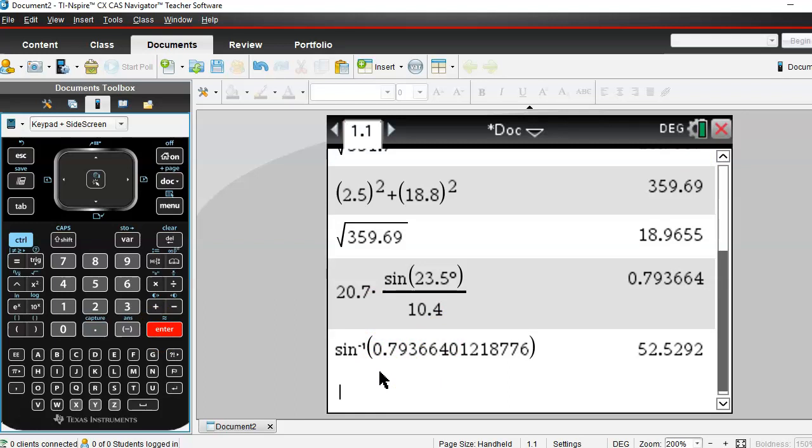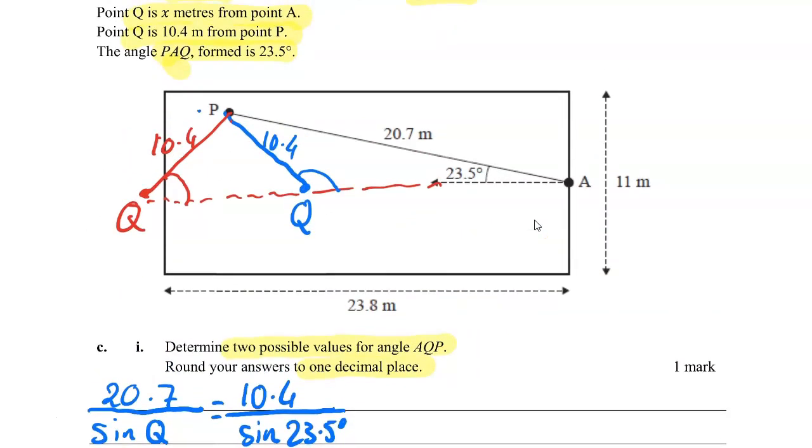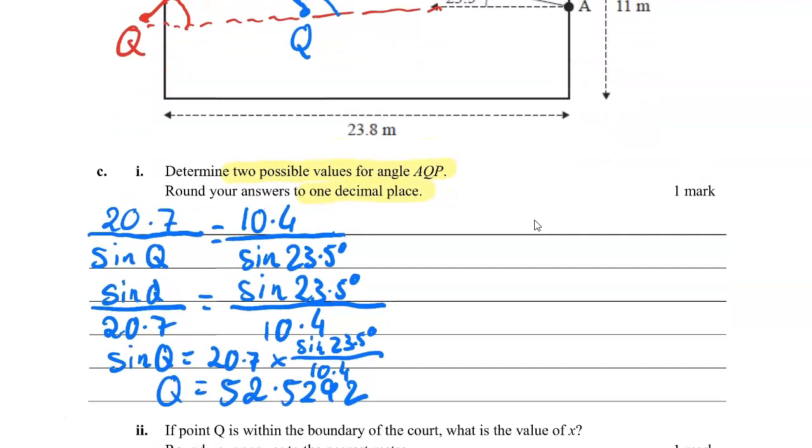So Q is equal to 52.5292. Okay. So as we don't know whether the angle is here inside the chord or here outside the chord, it can be acute or obtuse. We've got to think it can be either. So Q, let's actually have a pen.